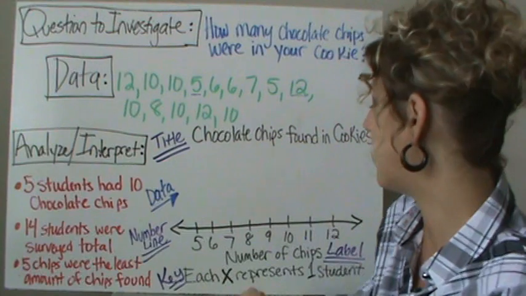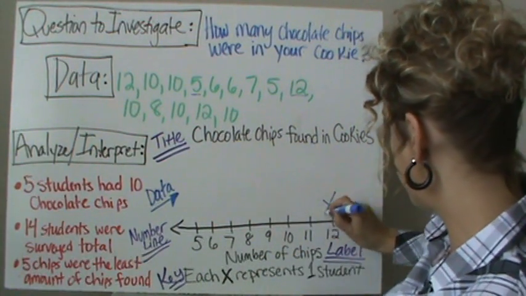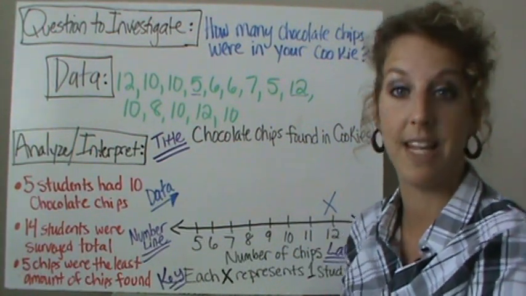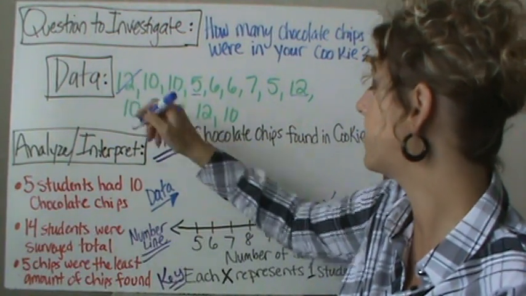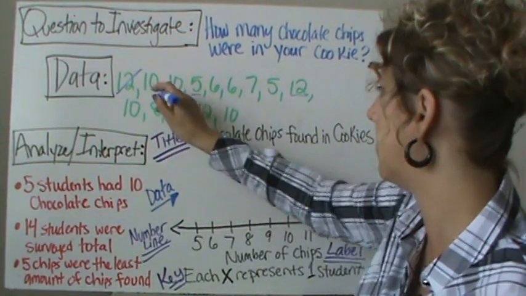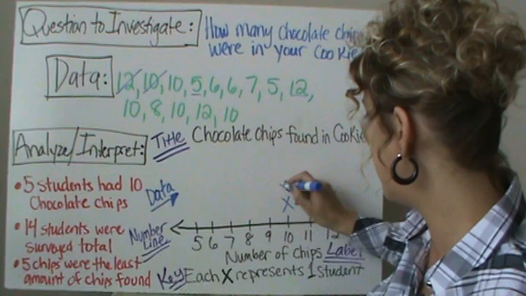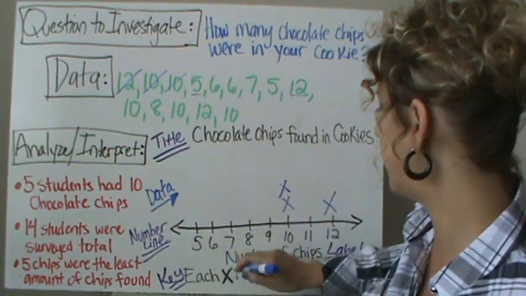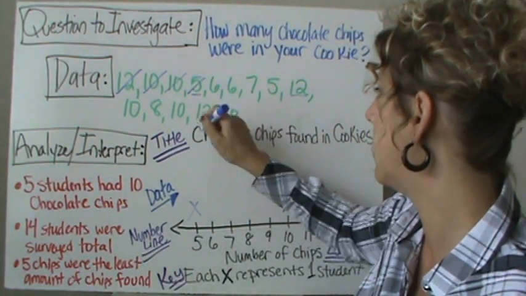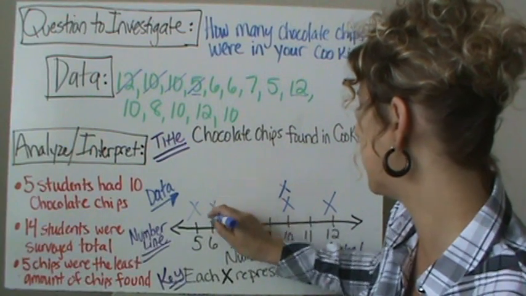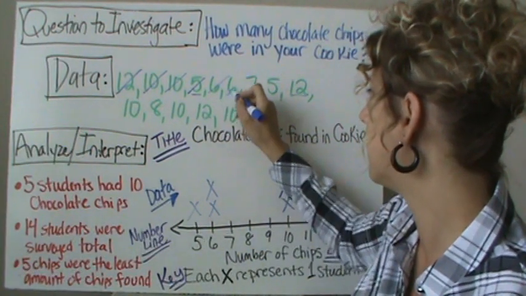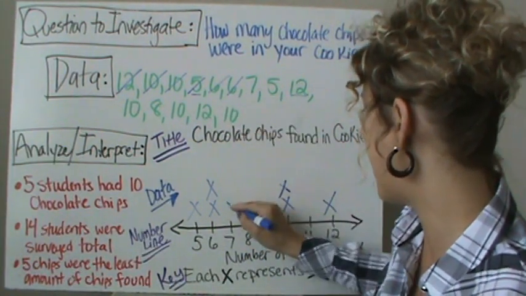The first student found 12. So I'm going to draw an X to represent that student. The next student found 10. Another student found 10. Another student found 5. There's two 6s. There's a 7 and a 5.